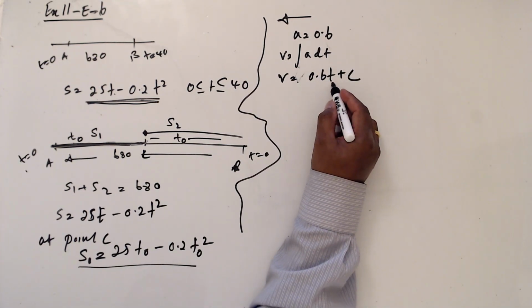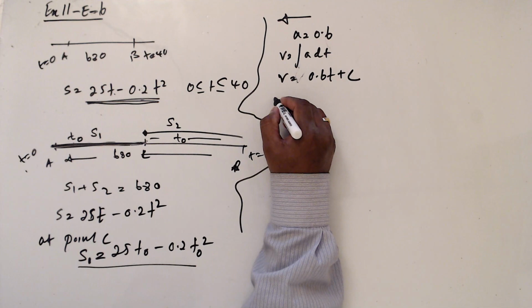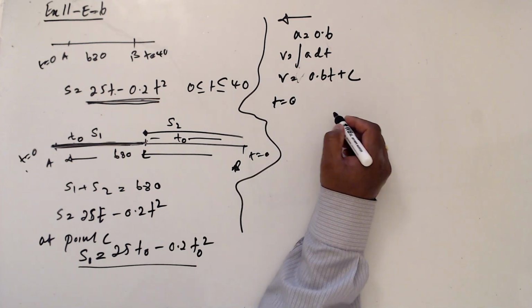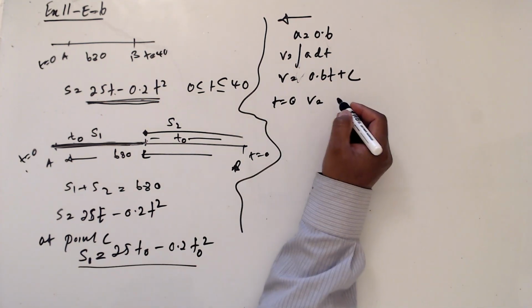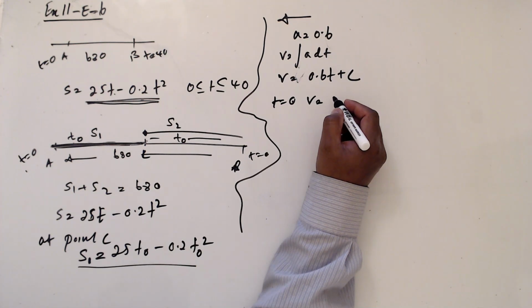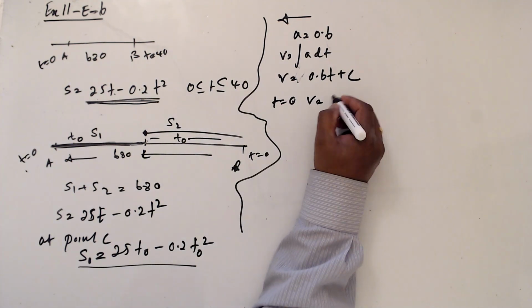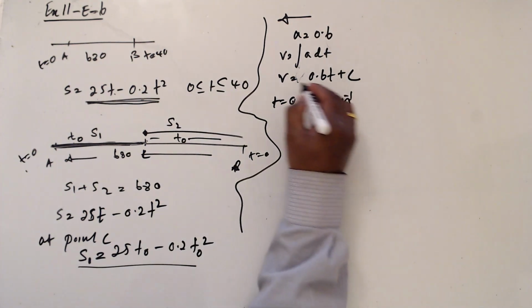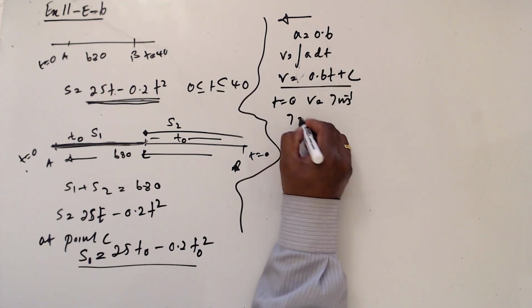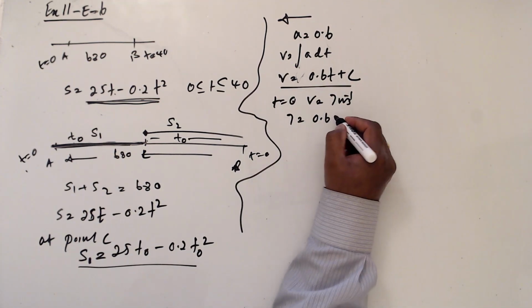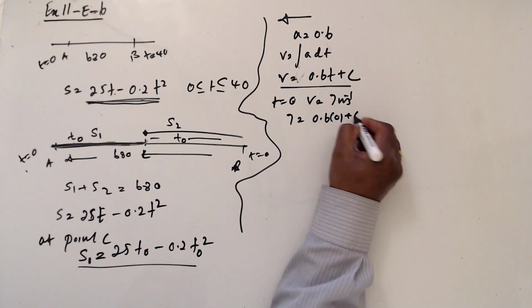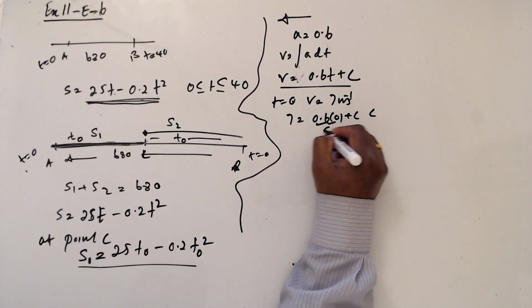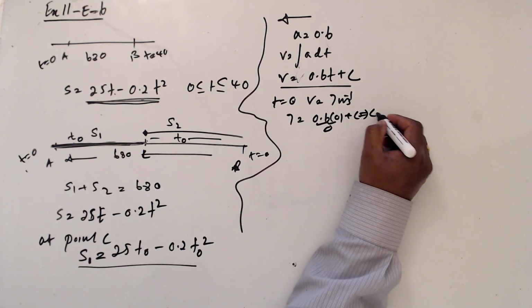Now we know that when t equals 0, v equals 7. So we can substitute here. 7 equals 0.6 times 0 plus c. So c equals 7.